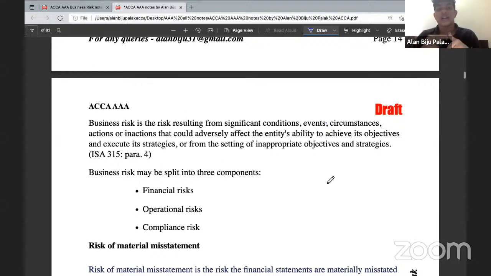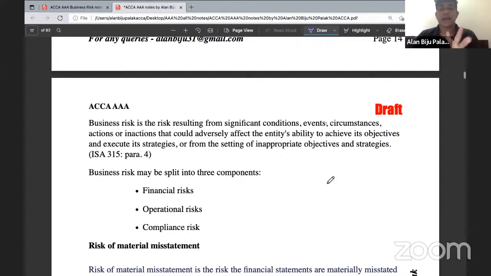Then the creditors are not able to recover money from the company, the debtors are not paying the money on time, and the company may be unable to pay suppliers on time. All these issues can lead to financial risk.